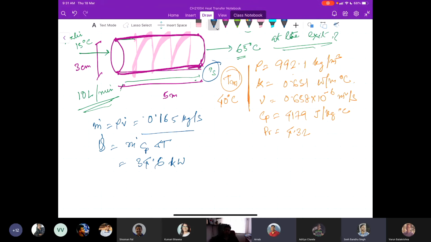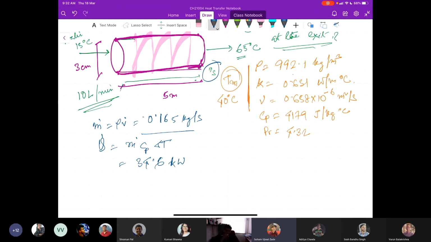We will find Tm by LMTD. If we are able to find h, then it is an easy job for us. So how do we do that? We find Qs, the surface heat flux.